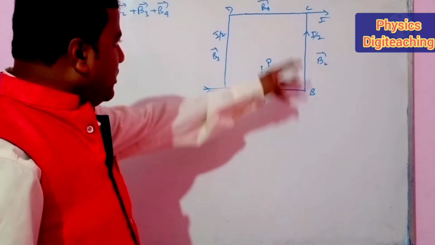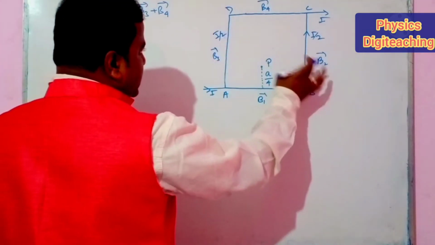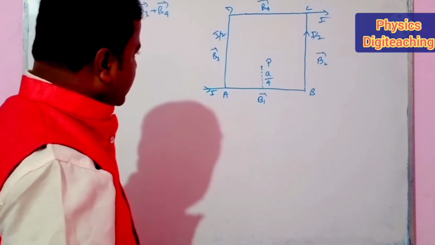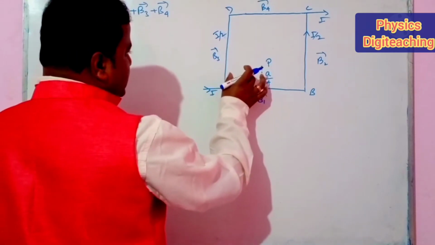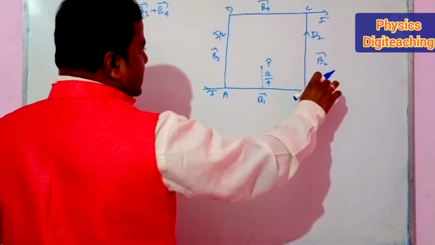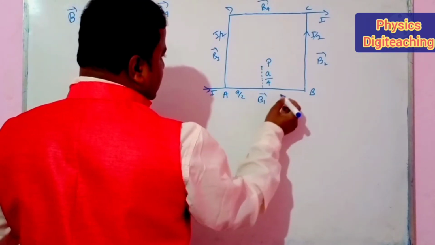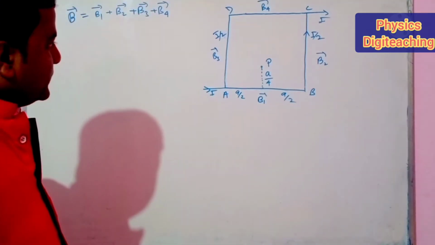Now, if we observe, we see that B3 and B2 are equal and opposite. Here the point P is at equal distance from AD and BC. This is a by 2 distance and this is also the distance a by 2.